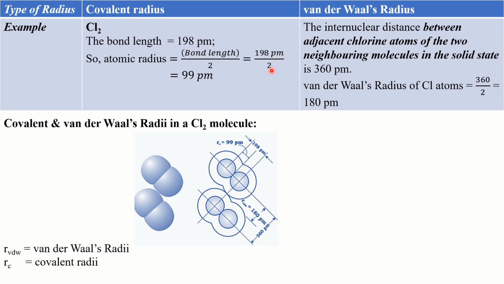If you divide this by 2, you get 99 picometers, which gives the value of the covalent radius Rc of a chlorine atom in the chlorine molecule. As you can see, 198 picometers is the bond length of the chlorine molecule and 99 picometers is the covalent radius of a chlorine atom in the chlorine molecule.